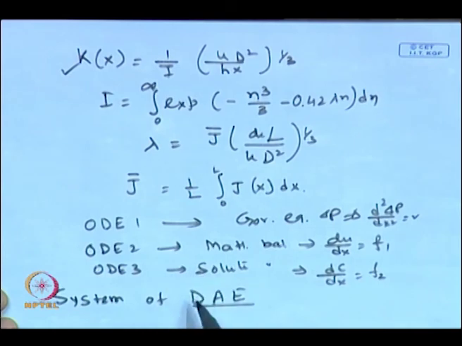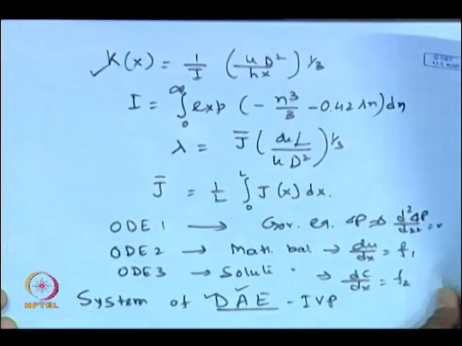You have three differential equations and one algebraic equation coupled. You have to solve this system of DAE IVP problems, and you will be generating the profile of delta P as a function of x, U as a function of x, C as a function of x, Cm as a function of x, and J as a function of x.